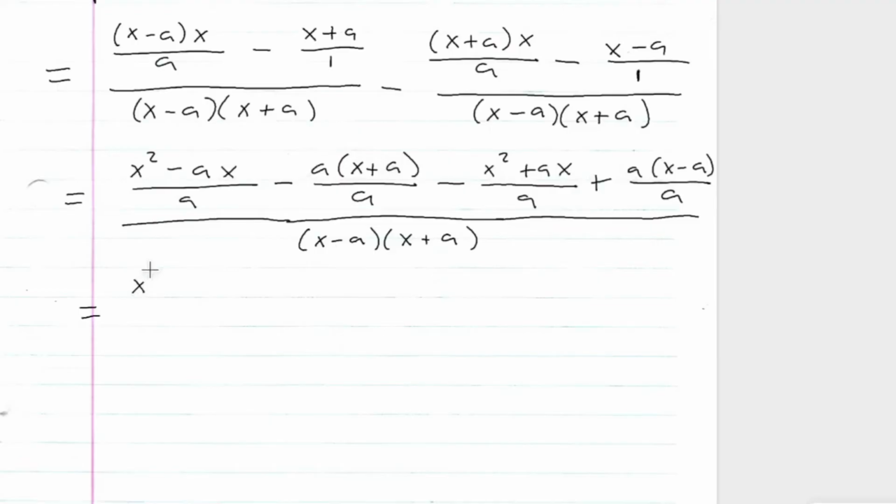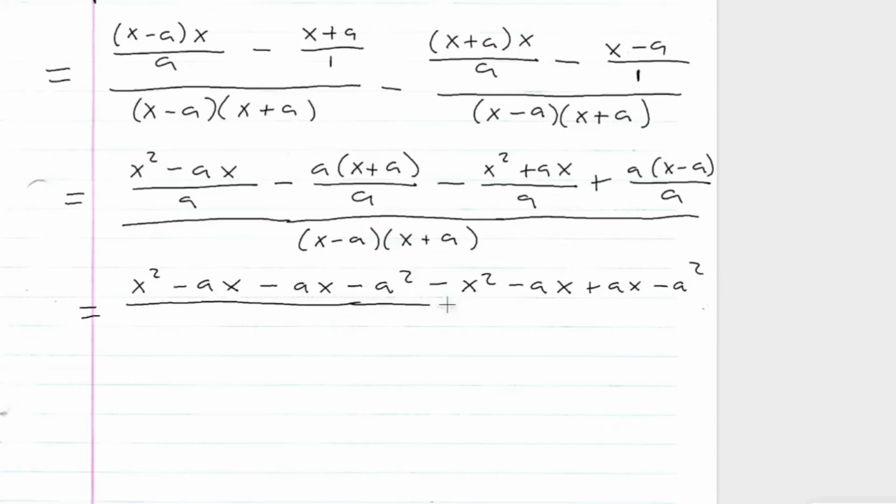So I'm going to have x squared minus ax, and then minus ax, and then minus a squared, because I have to distribute that negative, right? And then minus x squared minus ax, and plus ax, and then of course that minus a squared, and that's all over a, right?